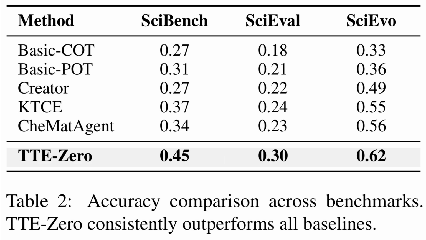For instance, on the SciBench dataset, it achieves an accuracy of 0.45, a significant jump over the strongest baseline, KTCE, which sits at 0.37. Similarly, on the new SciEvo benchmark, TTE 0 reaches 0.62, proving that generating tools on demand yields better answers than relying on static libraries.